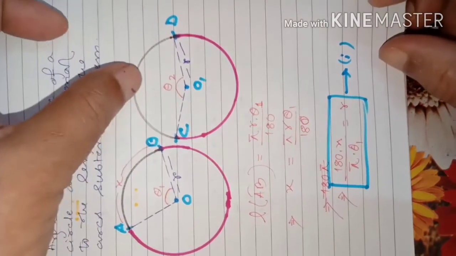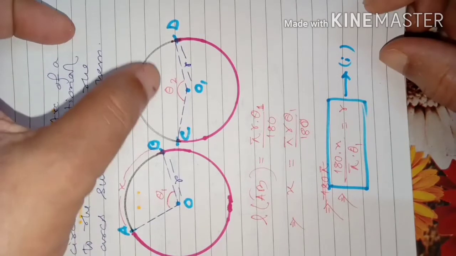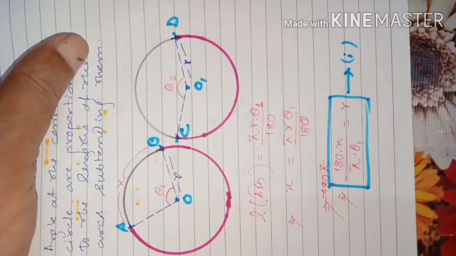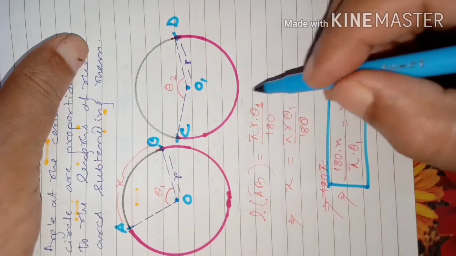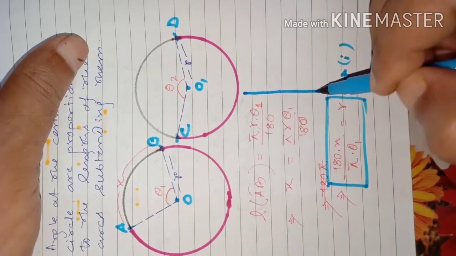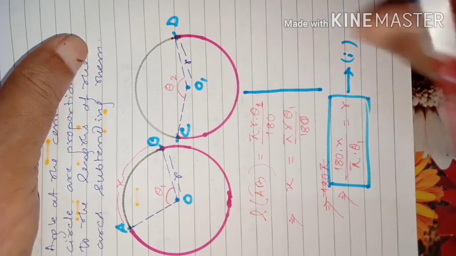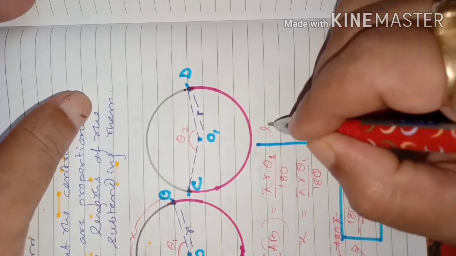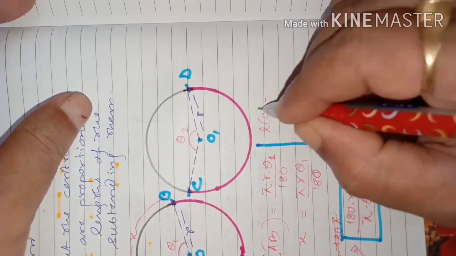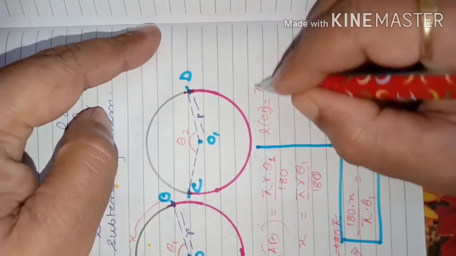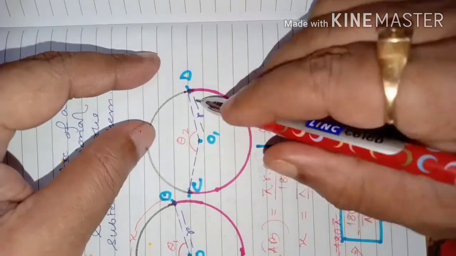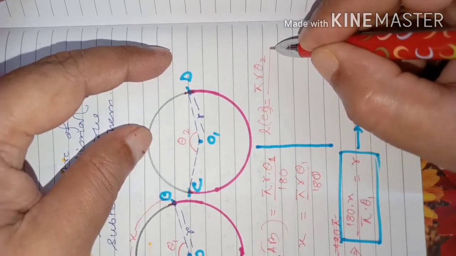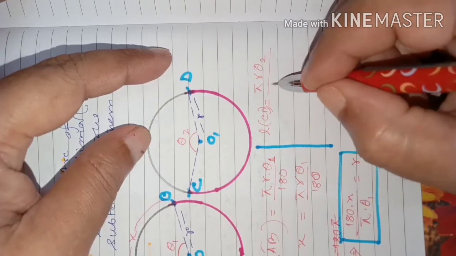Now go to this circle where arc CD subtends angle theta 2, but here also the radius is same, r. So for this circle, if we write the length of arc CD, let us write it here itself. Okay students, so length of arc CD is equal to pi into r, here also radius is same only, r, into theta 2 divided by 180.